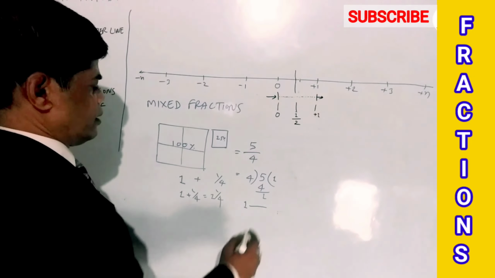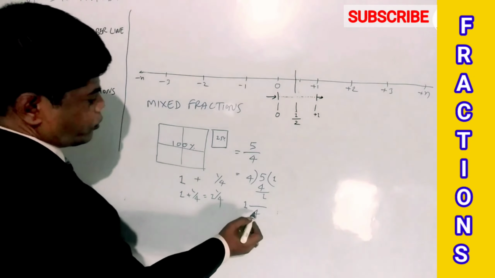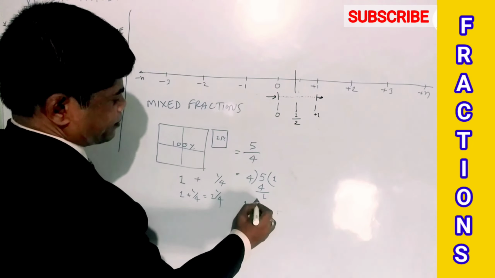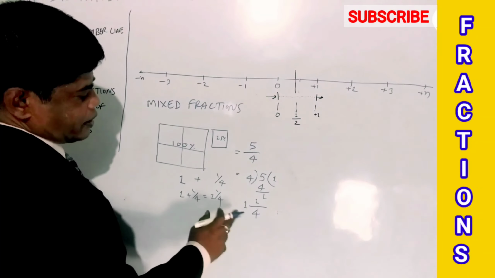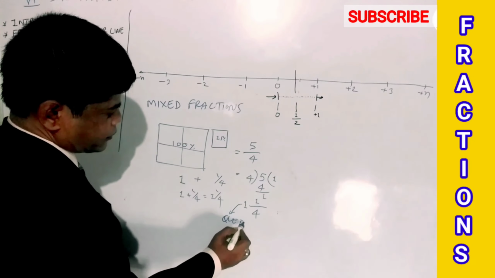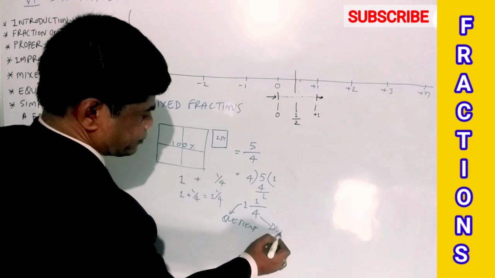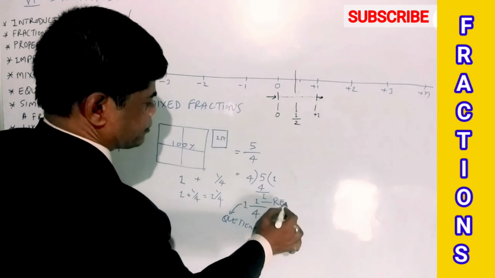Here 4 is the divider. 4 into 1, 4, plus this remainder. Instead of writing 5, here this 1 is the quotient, this is the divider, and this is the remainder.